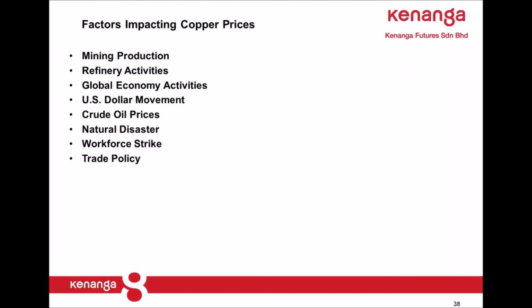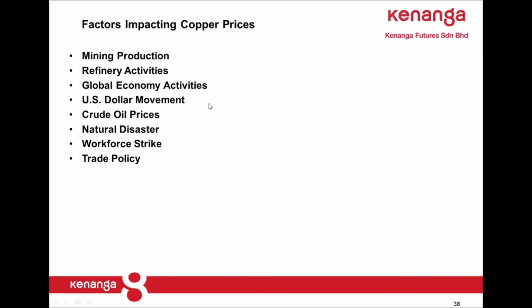This indicator will show you the industrial activity in China, and due to the vast application of copper in China's economy, the higher the index, the higher the utilization of copper. So that is another factor you need to watch out for.